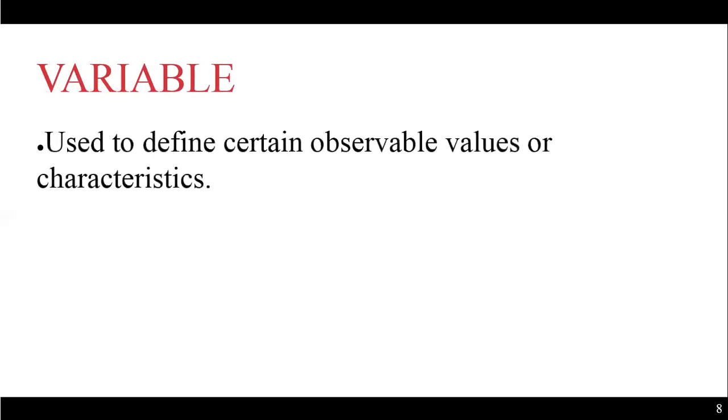Now, we also have the term variable. It is used to define certain observable values or characteristics. It is called variable since the characteristics vary from one another. An example: say you have three variables, x, y, and z.